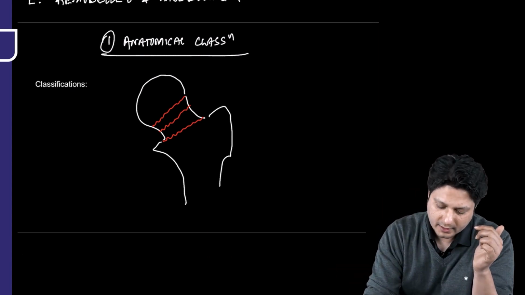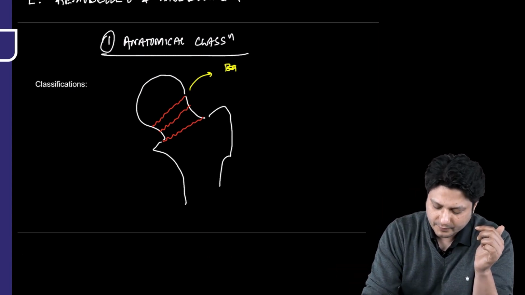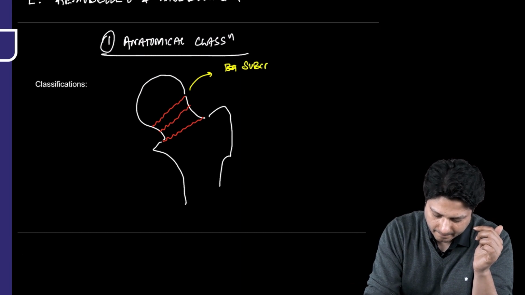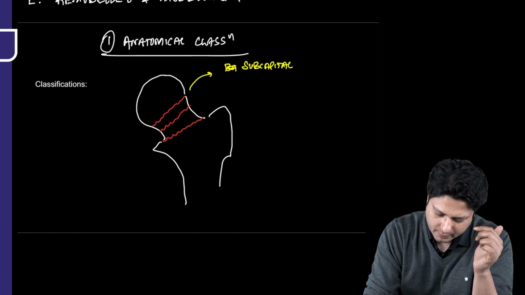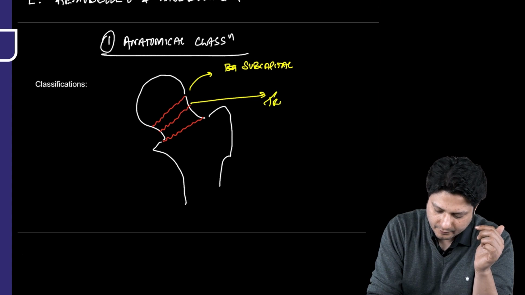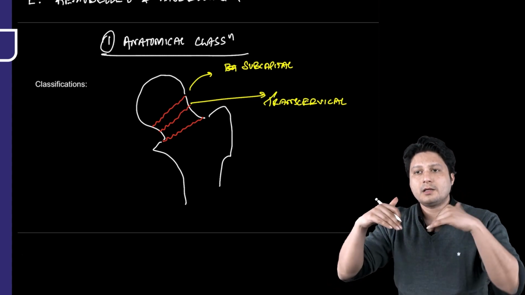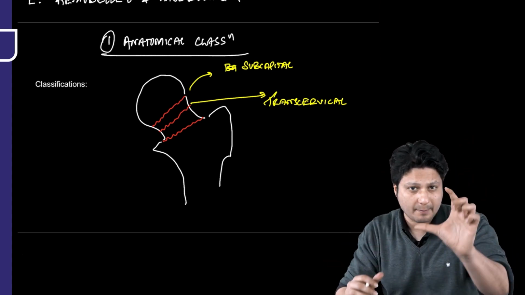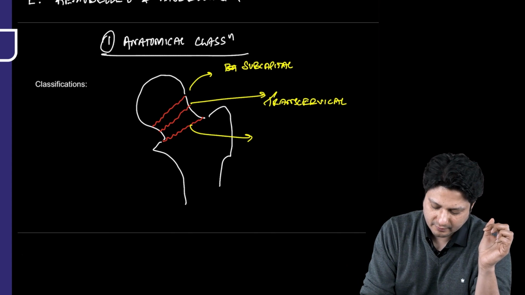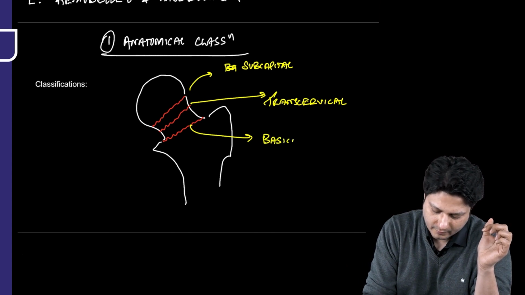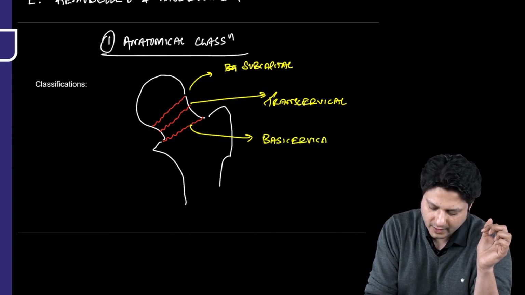Accordingly, they are named as subcapital, then transcervical. As the name indicates, cervical means neck, so transcervical means through the cervical, subcapital means just below the level of capit, that is head, and basicervical.